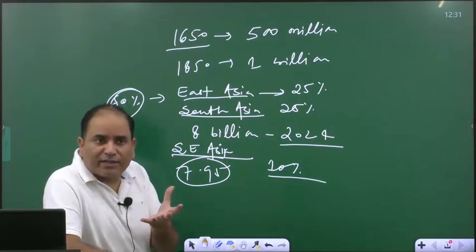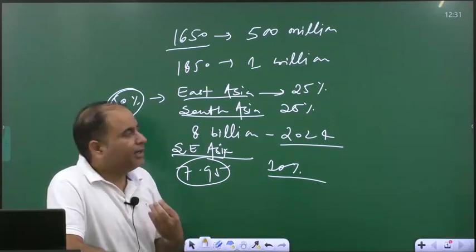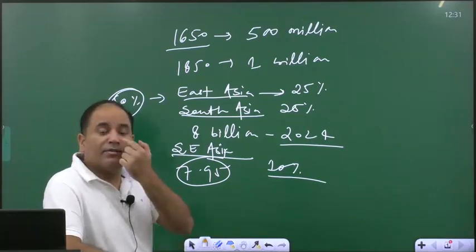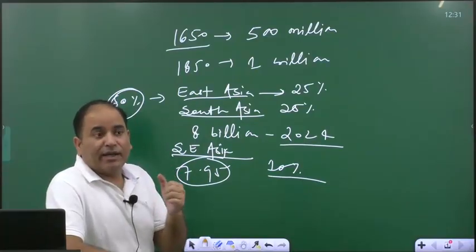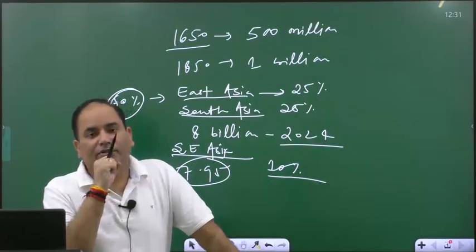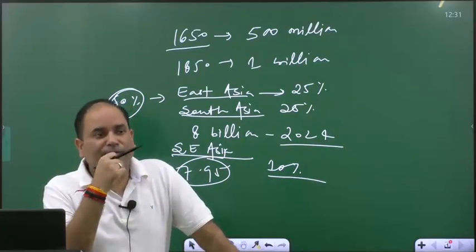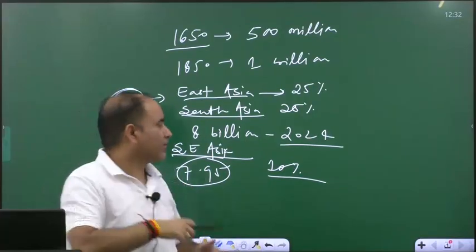So population is not the same everywhere. That is why the population distribution becomes very important for us to understand. And also it is important for us to understand why this distribution. What is the reason behind that distribution, or the factors behind that distribution.